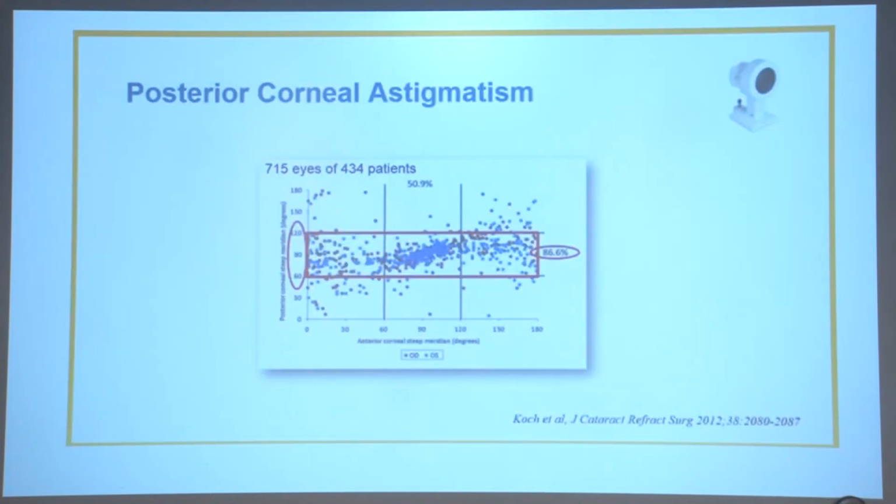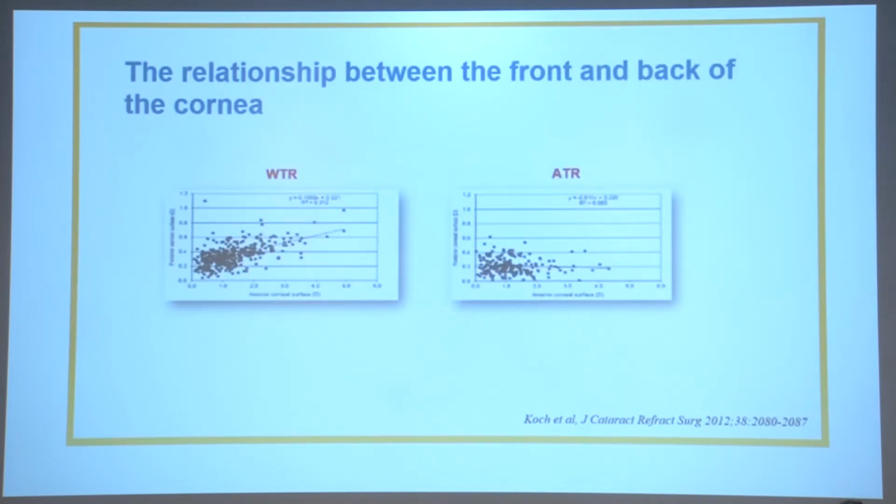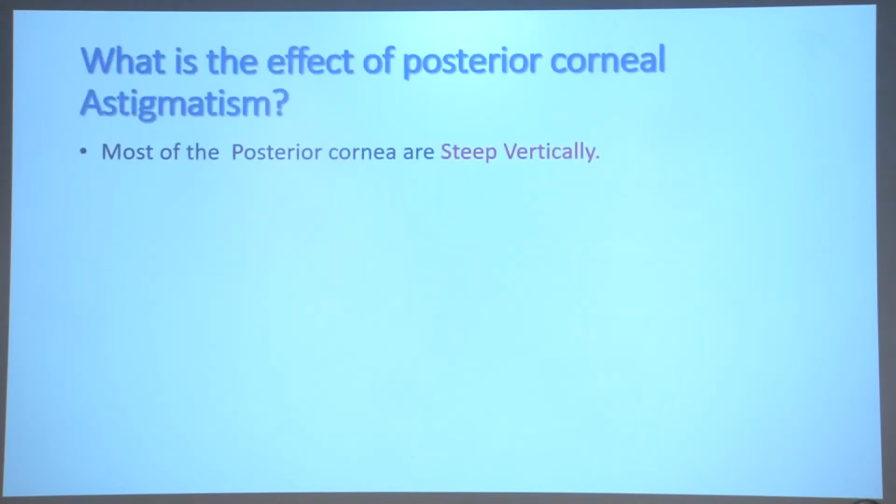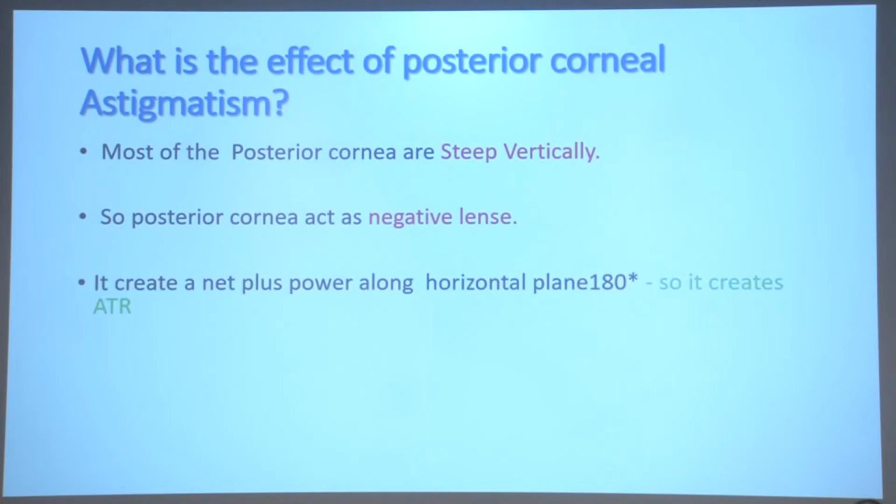So Dr. Douglas Koch studied 715 eyes of 434 patients, and he found there is a strong correlation between the front cornea and the back cornea, whether it is with-the-rule or against-the-rule astigmatism. And he found that most of the posterior corneas are steep vertically, so the posterior cornea acts as a negative lens. So it creates a net plus power along the horizontal plane, so it creates against-the-rule astigmatism.